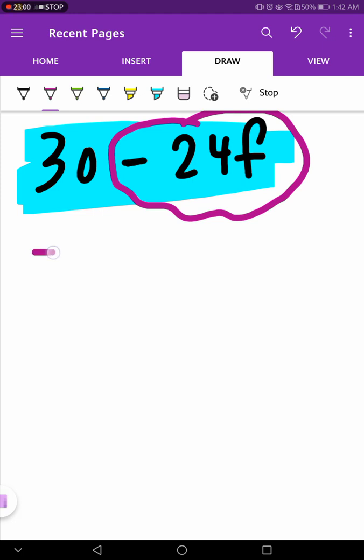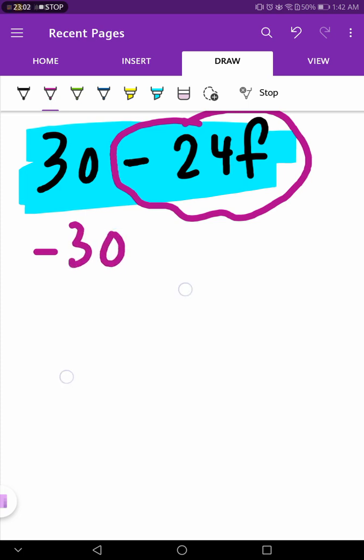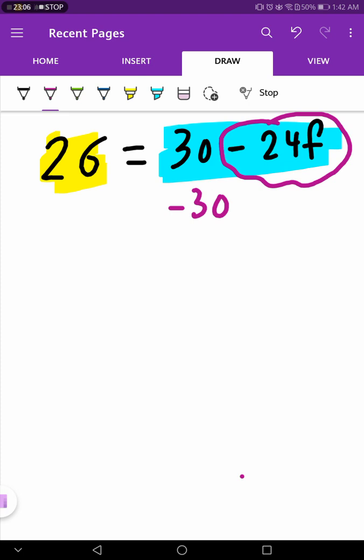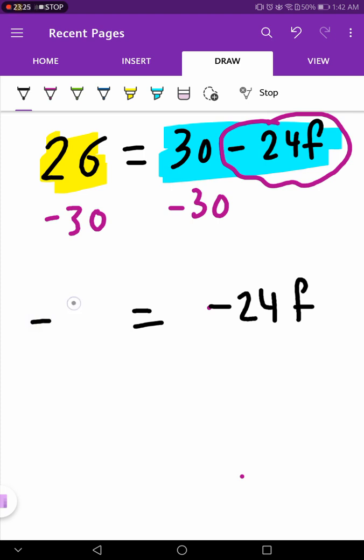I need negative 30 to eliminate it. Great, boy. What you did on the right, you have to do on the left. Okay, the negative 24f comes down, equals 26 minus 30, which is negative 4.